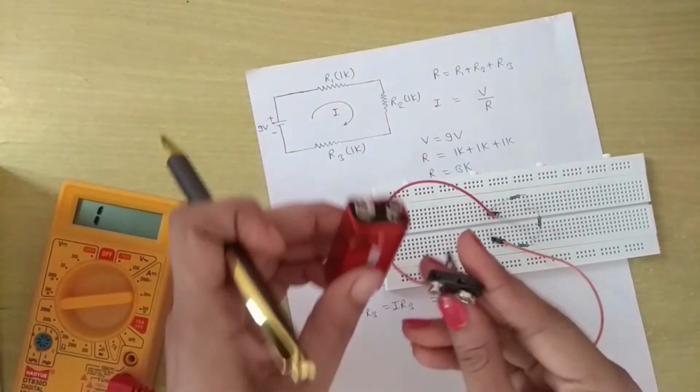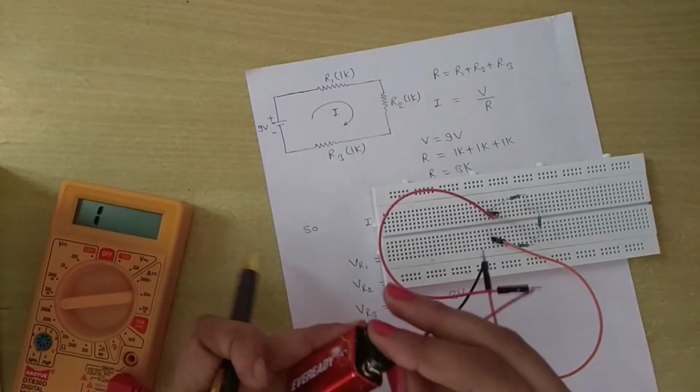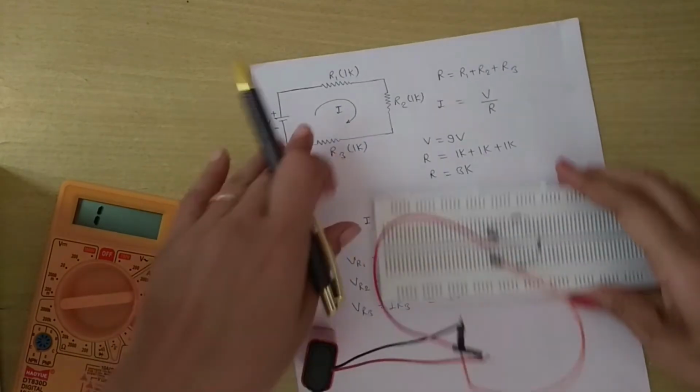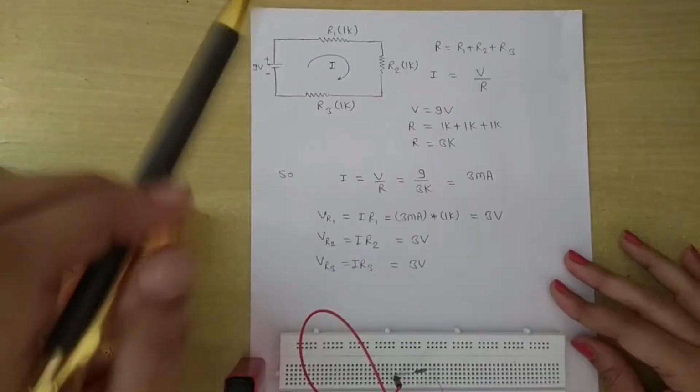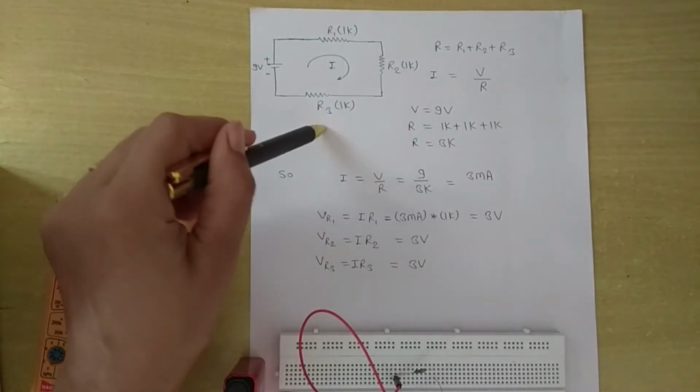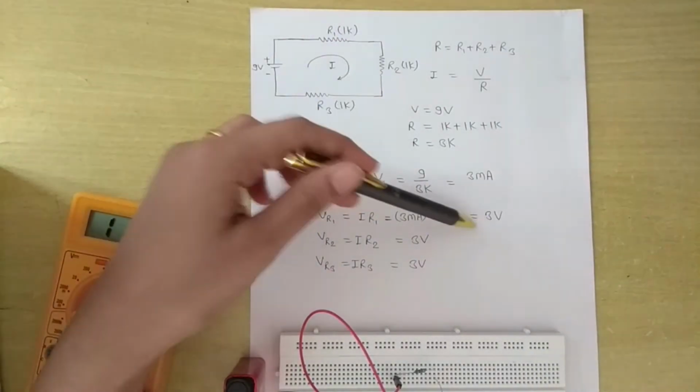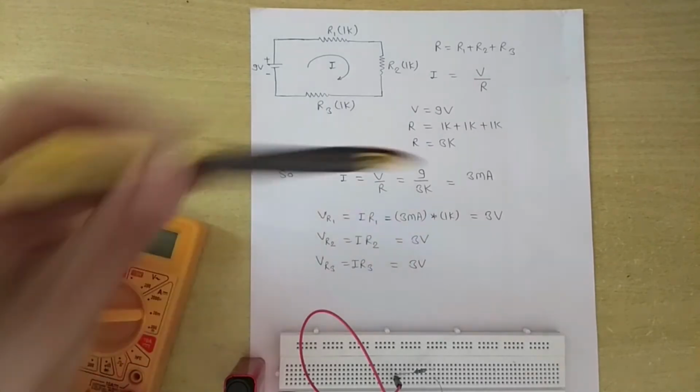Now I am connecting this battery and we want to measure voltage. According to the calculation, across each resistance the voltage is 3 volt, 3 volt and 3 volt.